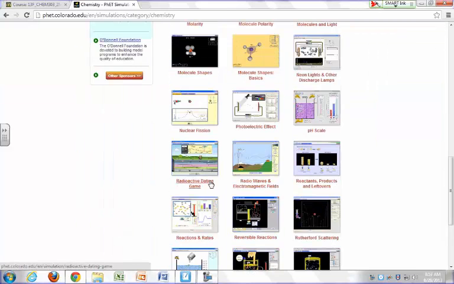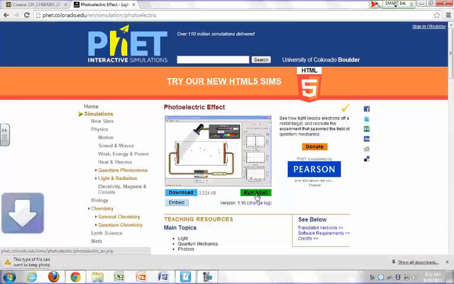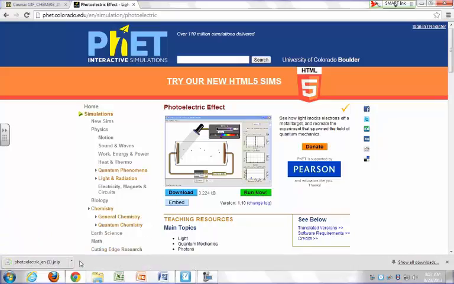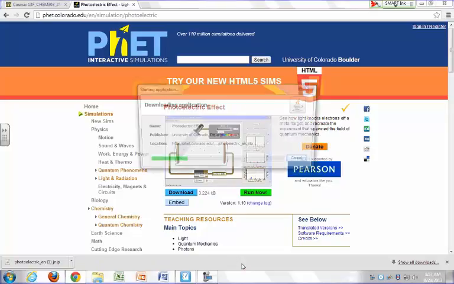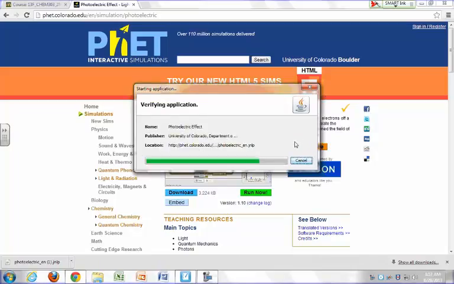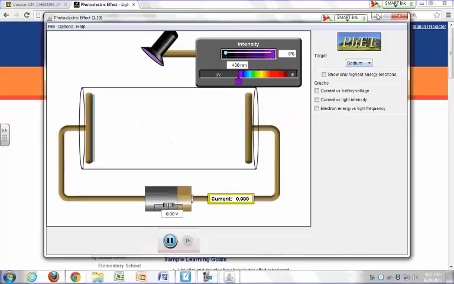Where is the photoelectric effect? You see it right here. Okay, so here's a simulation. You can change the wavelength.